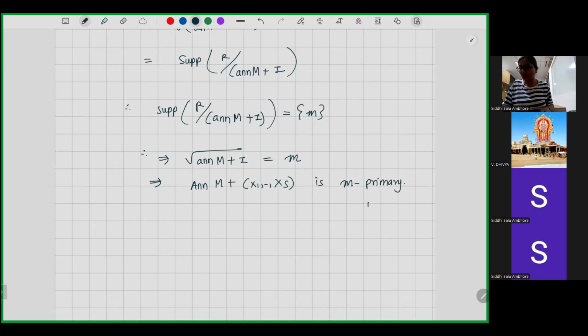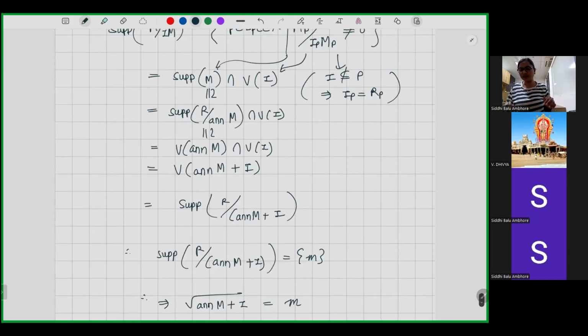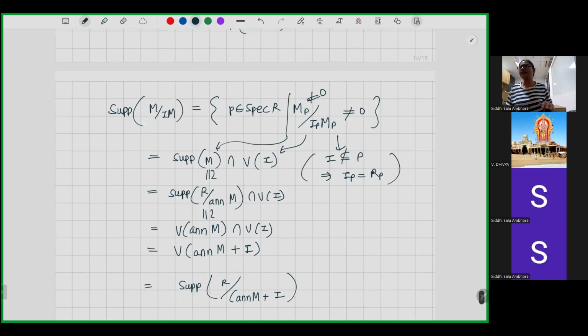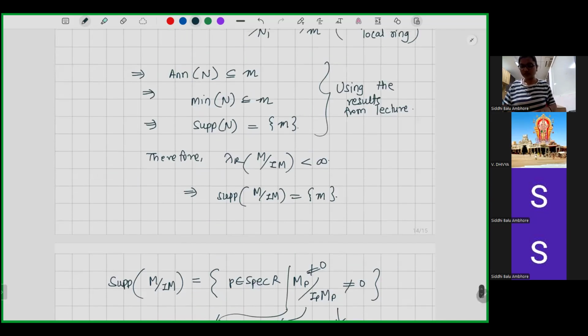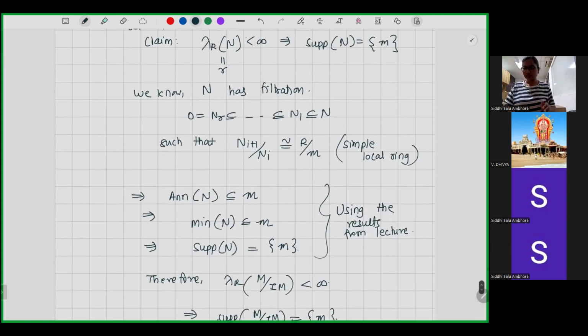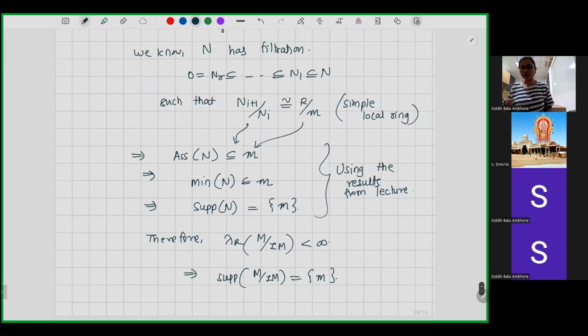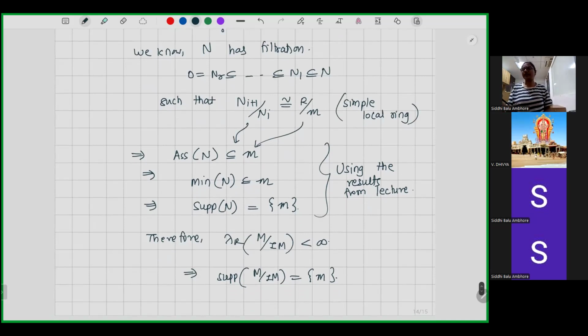Is this okay? I mean, we have used many things here to arrive at this conclusion. But you can check these inequalities. We got this using this condition here, and the annihilator, not annihilator, it's the associated prime, sorry. I said associated prime, but I wrote annihilator. The associated prime of M will be contained in m. When I write this, I mean this, because this is a local ring.